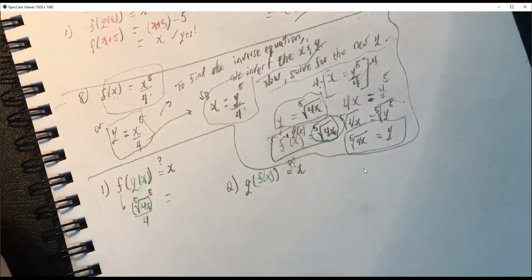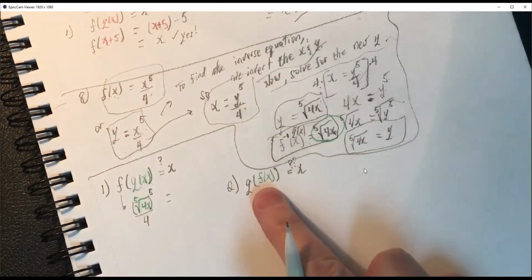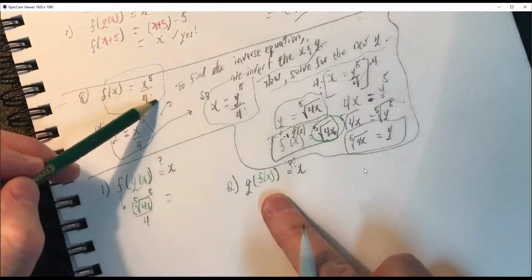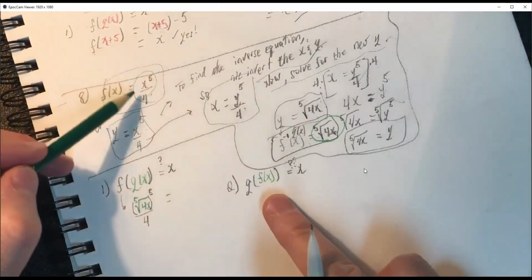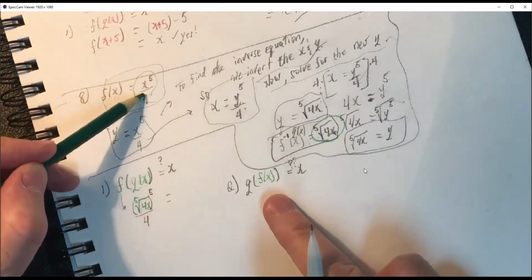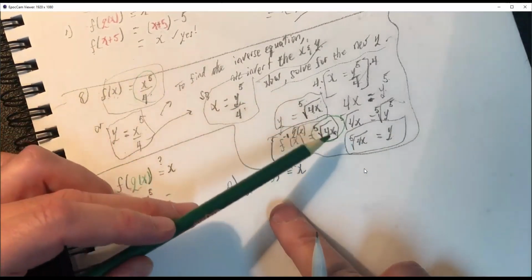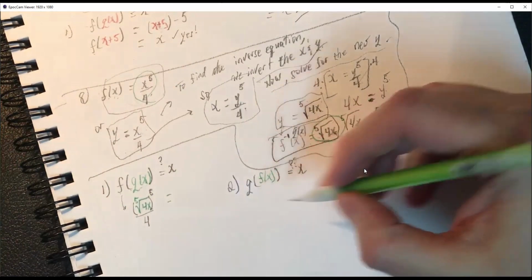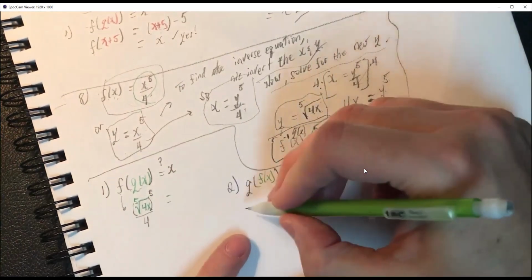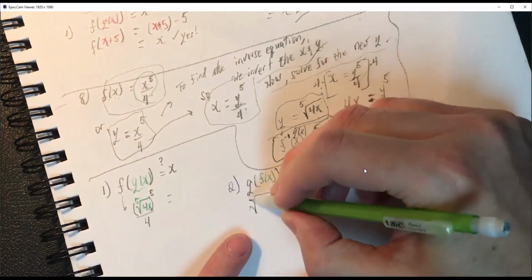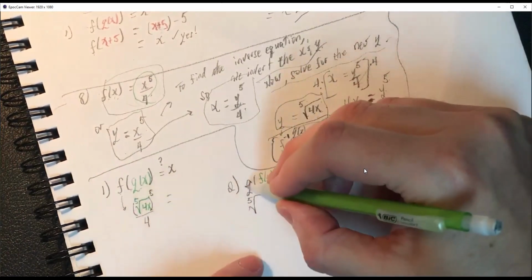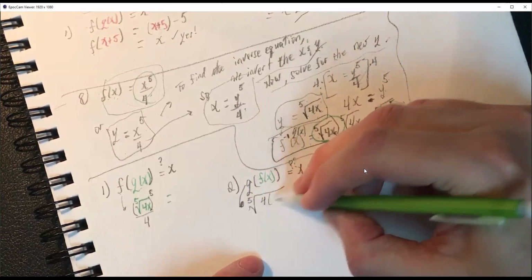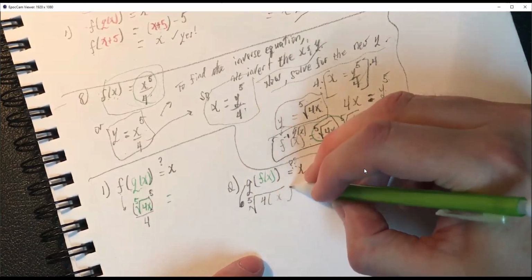On this one over here, the range expression for f of x is this. We're going to put this range expression into the other function right there. So let's write down what g is. g is the fifth root of 4x.